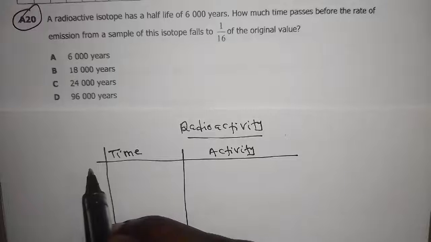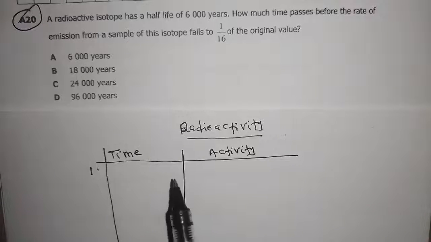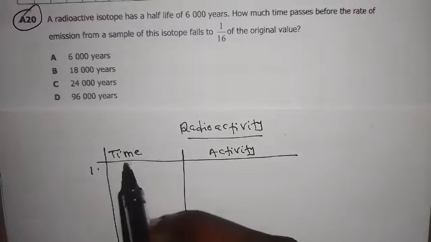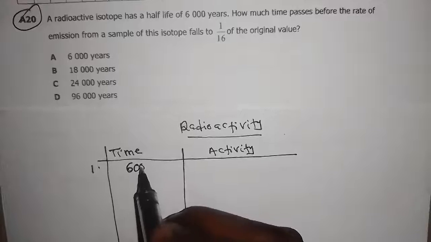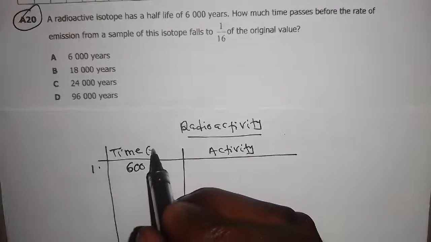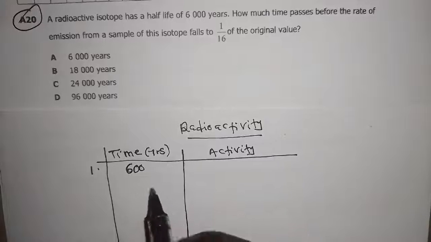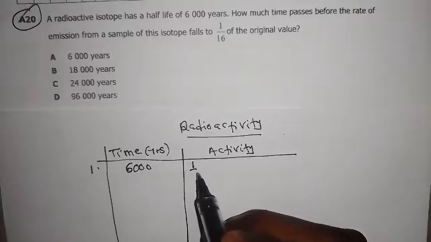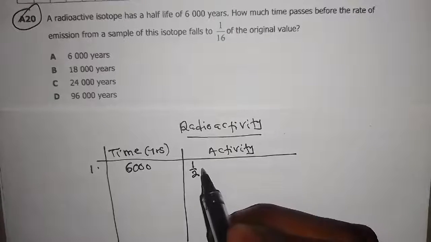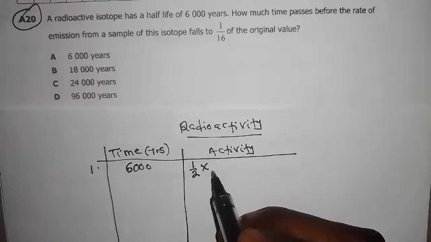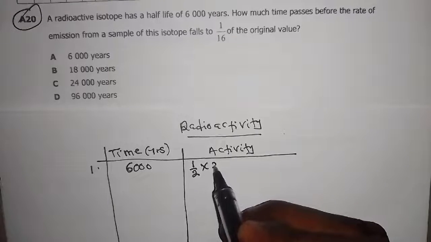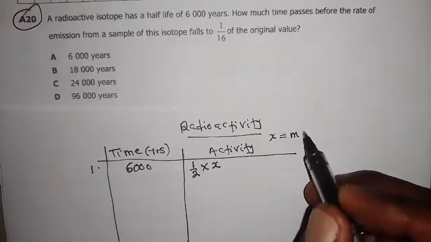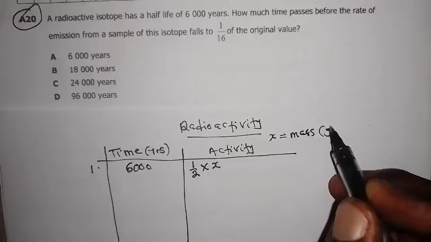If you start, for example, with number 1, the half-life is in years, so 6,000 years. What will happen to the activity is that it will halve. The activity, or the mass x, can be given in grams.